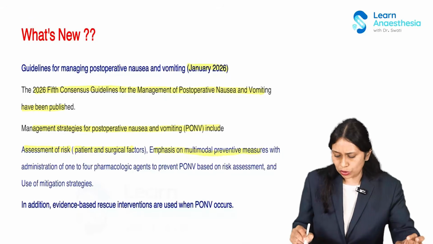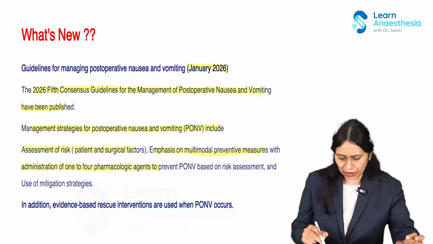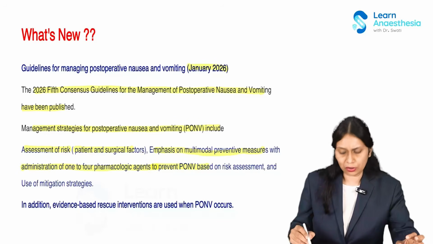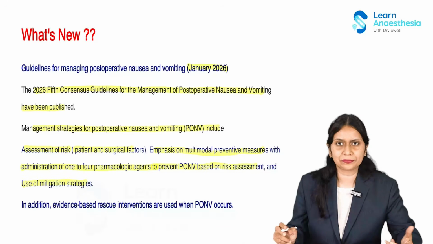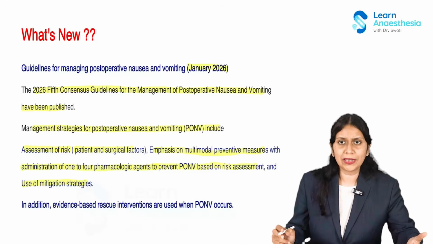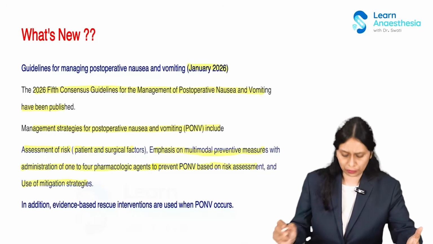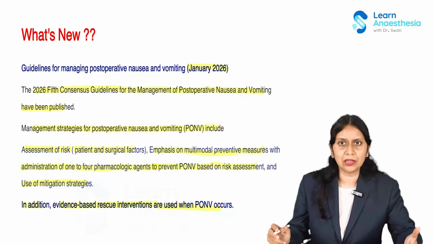Emphasis on multimodal preventive measures, administration of 1 to 4 pharmacological agents to prevent PONV based on the risk assessment, and use of mitigation strategies, plus evidence-based rescue therapies in case of nausea vomiting. In addition, evidence-based rescue intervention when the PONV occurs.